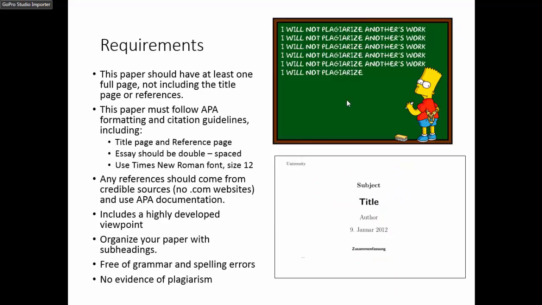The requirements for the paper are one double-spaced page of writing. You'll need a title page and you'll need a references page. Everything needs to be in APA format. It needs to be 12-point font Times New Roman. And you should have legit references, so no .com websites.